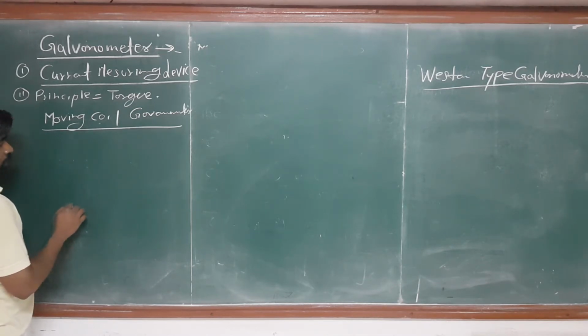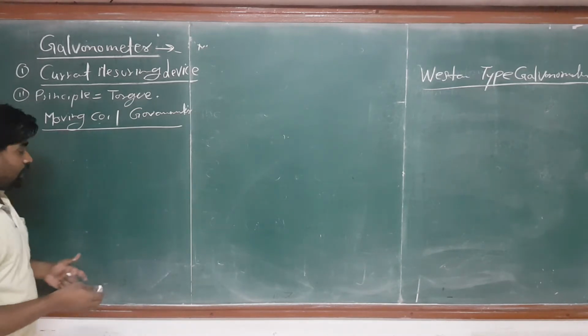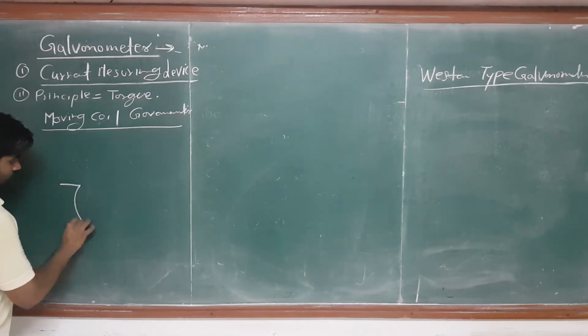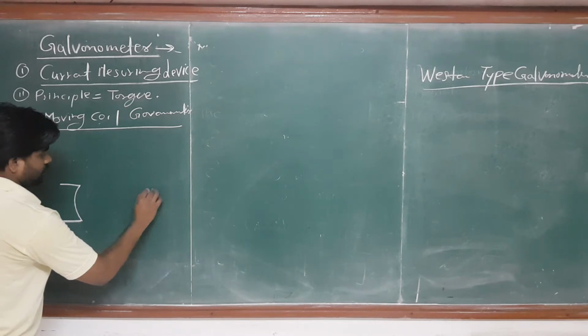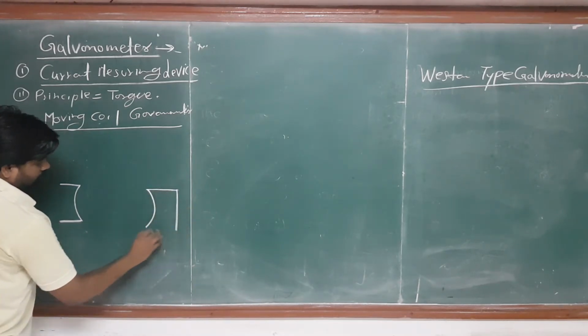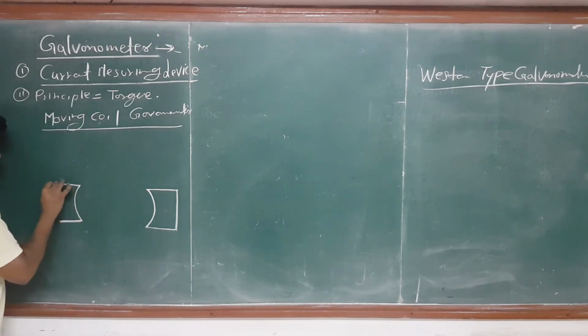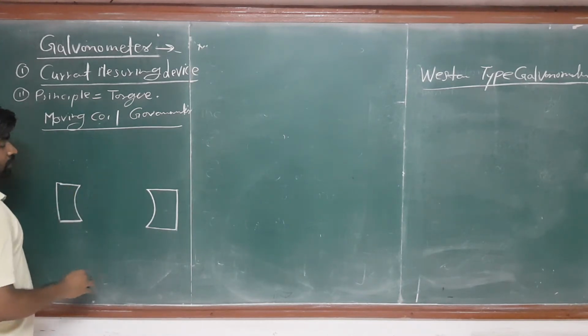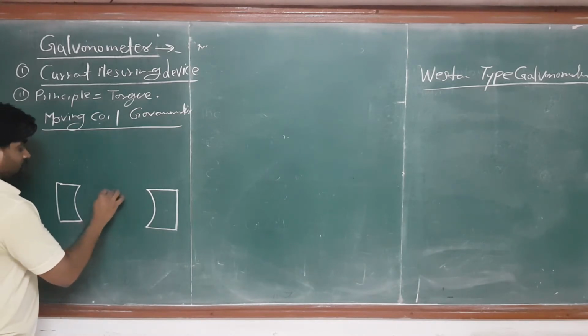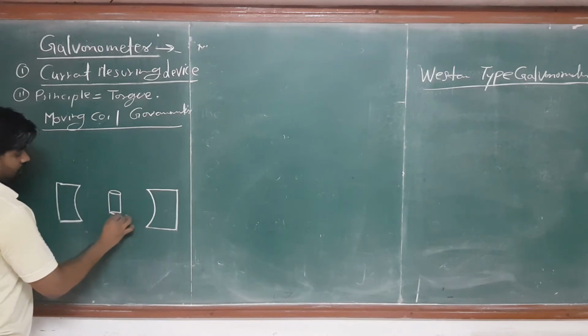So for the moving coil galvanometer, there should be a magnetic field and there should be one coil. So let's suppose we have taken this, this is called the magnetic field. Concave-shaped magnets are used in it to get the radial magnetic field. This is called a metallic cylinder.